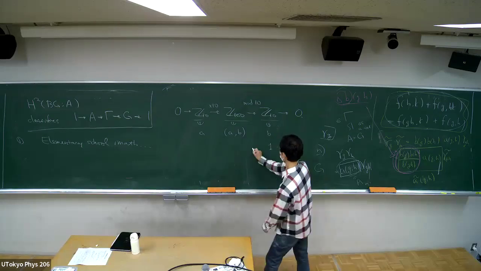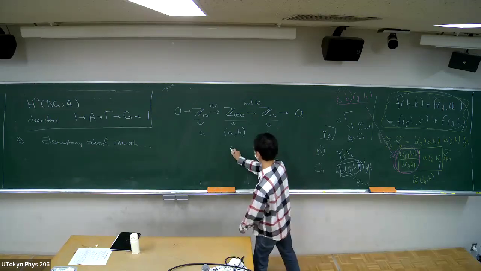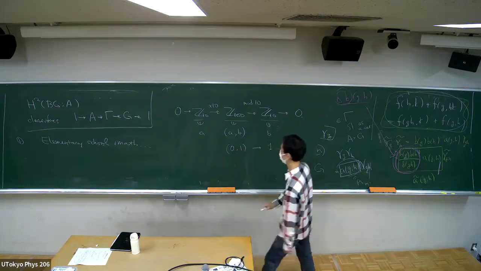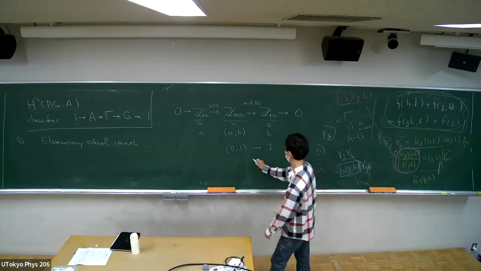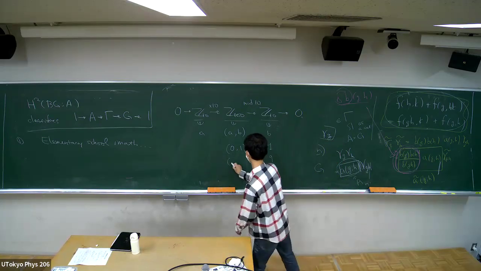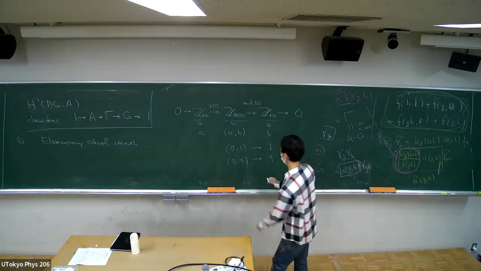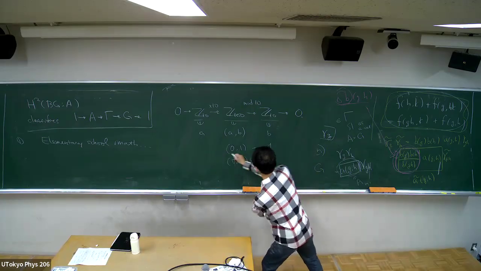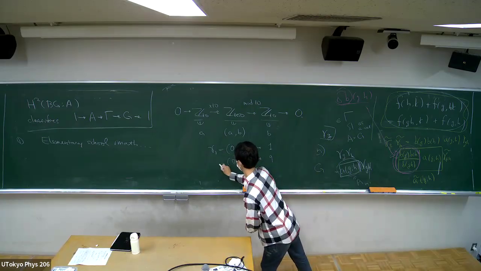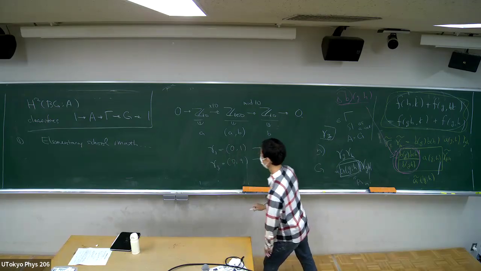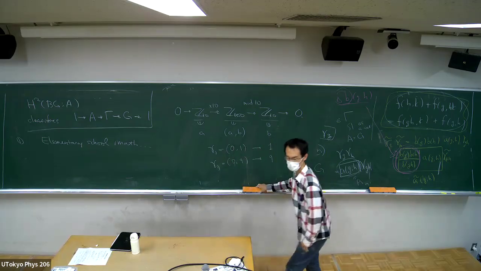So for element 1, I write this. Element 9, I write this. And so this was gamma 1 in my notation in the previous five minutes or something, right? Gamma 9.